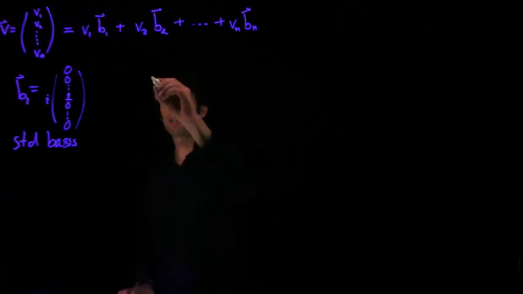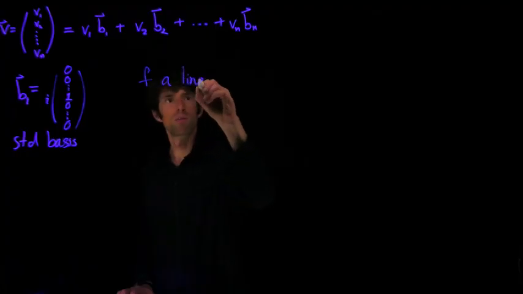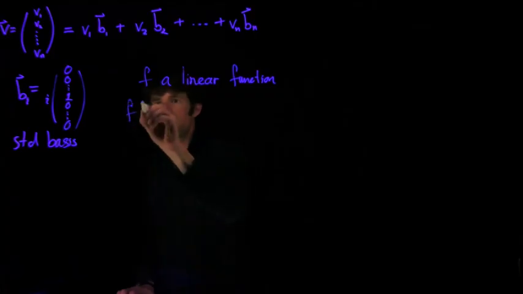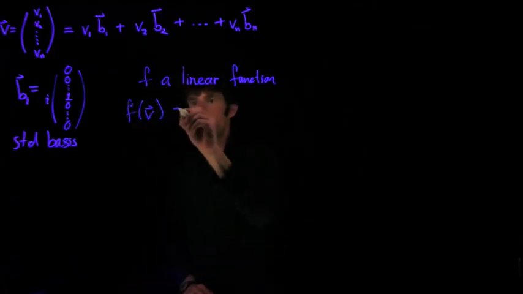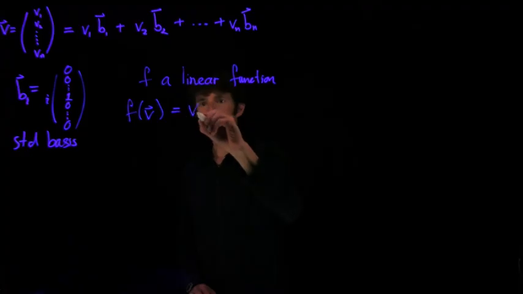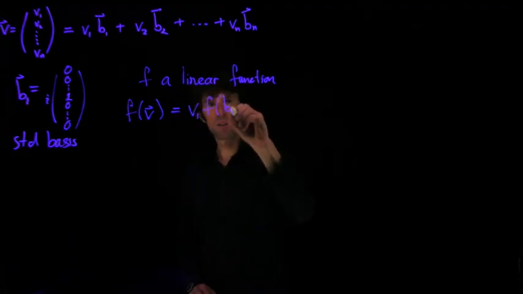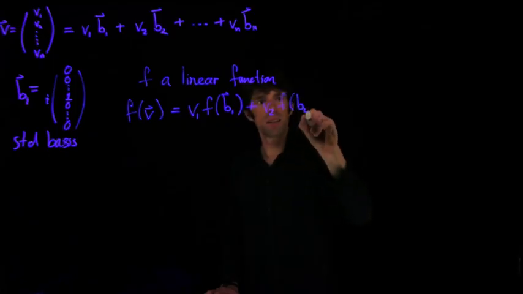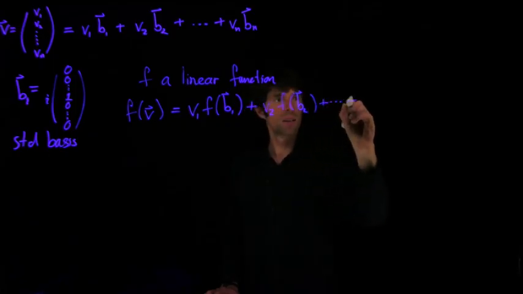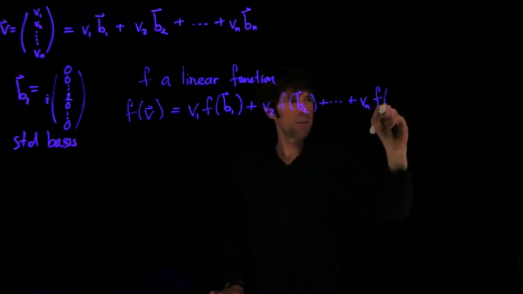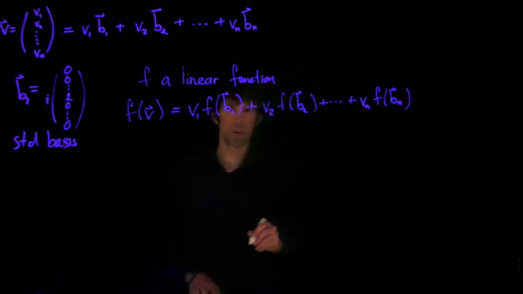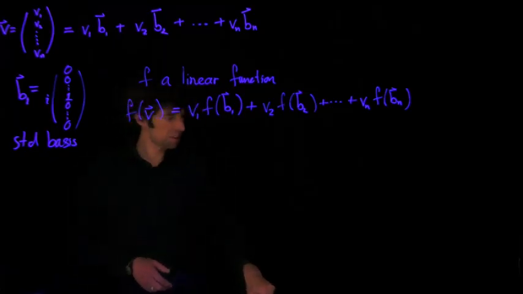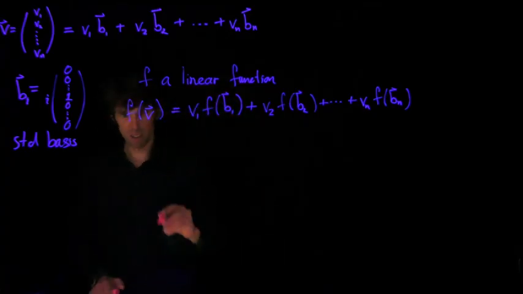And if f is some linear transformation, then f of v I can write as v1 times f of the first standard basis vector plus v2 times f of the second standard basis vector, and so on up to vn times f of the last standard basis vector. So we have two very important observations from this. They're important enough that I'm going to write them in a different color here.